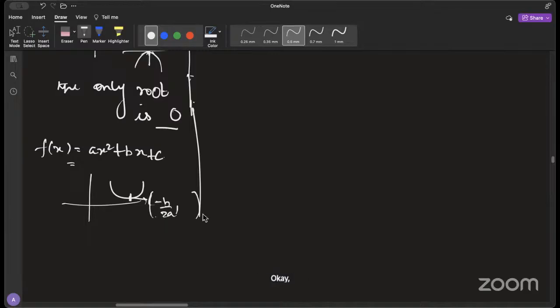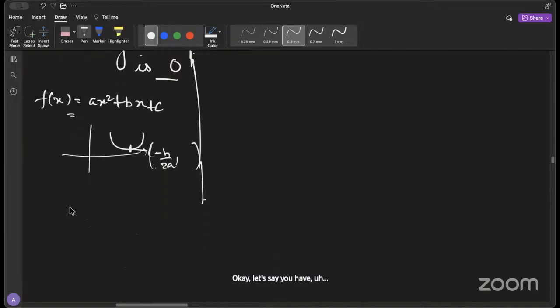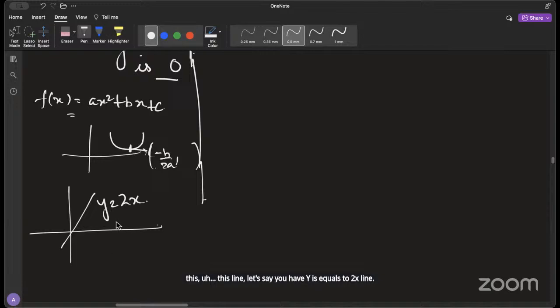Let's say you have the line y equals 2x. Now, you have this point where your x is equal to 1, right? This point has two properties. One is that its x coordinate is 1, and the other property is it lies on this line.